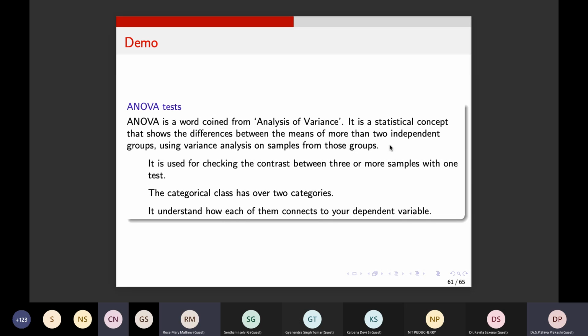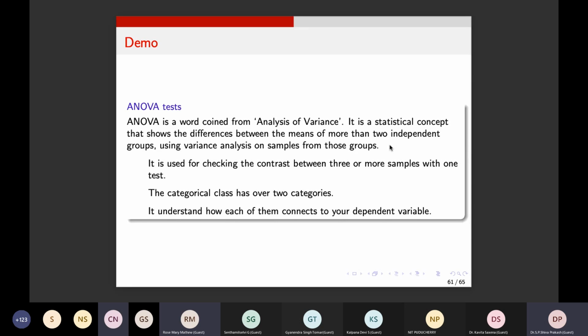It's a statistical concept that shows the difference between means of more than two independent groups by using variance analysis on samples from those groups. So it is used for checking the contrast between three or more samples with one test. The categorical class has over two categories. It understands how each of them connects to your dependent variable, right?